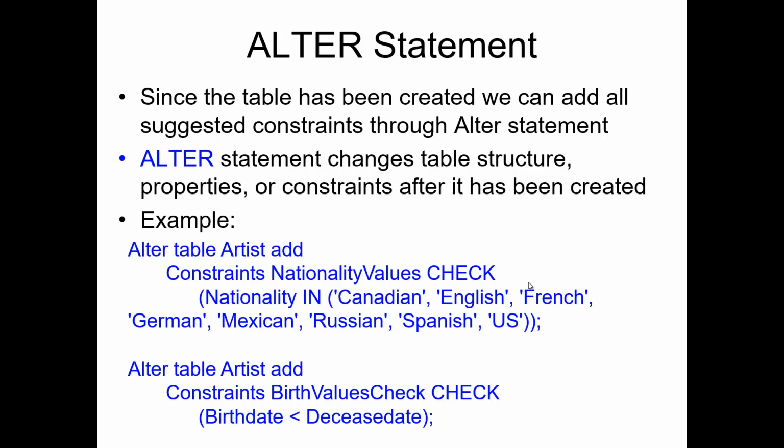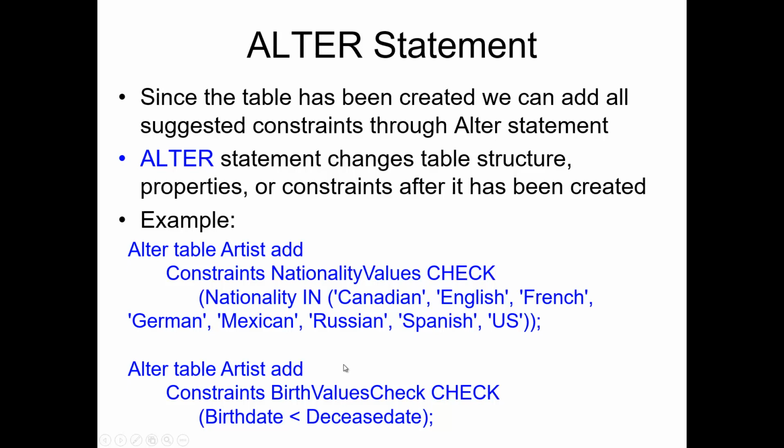That constraint itself is called nationality value. So this is the name of my constraint, and it's a check constraint. What are we checking? We are checking that nationality is in those countries that I'm allowed to have. If I have any other country, it will give me an error message saying this country is not included or not allowed.